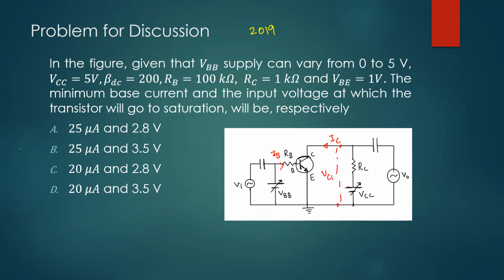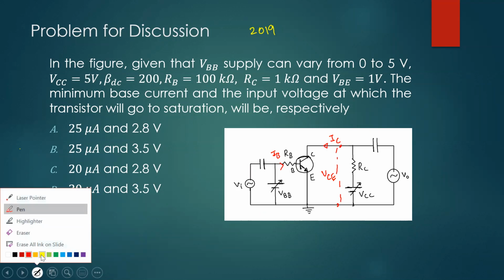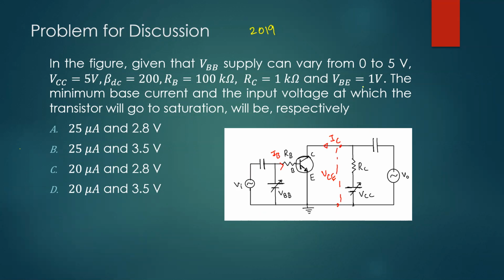Now, if you recall the output characteristic, you might have seen there's a curve for the output characteristic. It looks something like this. So when the output voltage drops to zero, that is when you get maximum current in the collector.